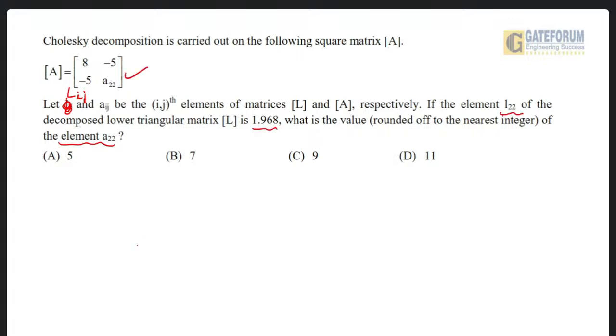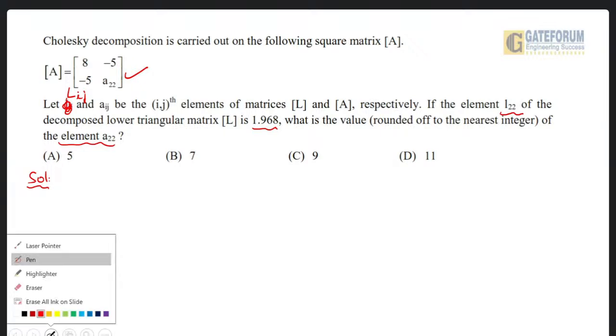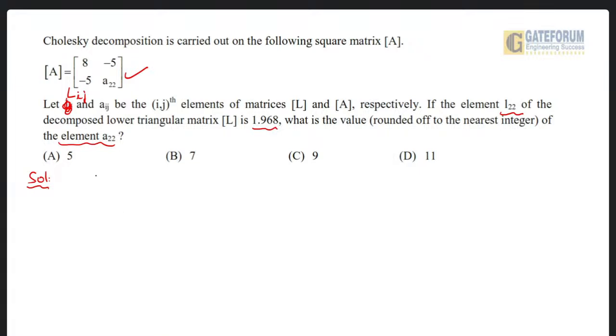This is from engineering mathematics, from the topic linear algebra or numerical methods. The solution is Cholesky decomposition.